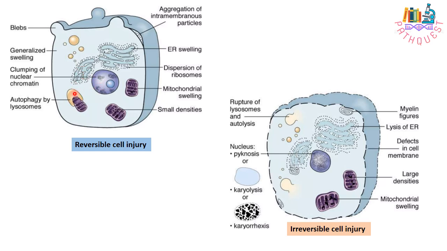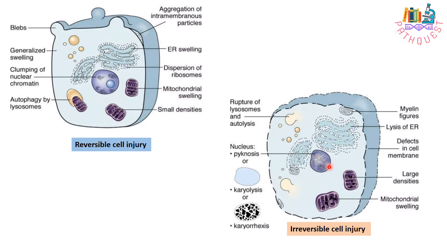Then there is autophagy by the lysosomes, clumping of nuclear chromatin, endoplasmic reticulum swelling, dispersion of ribosomes, mitochondrial swelling, and small densities in the mitochondria. So these are the changes that are seen in reversible cell injury. In irreversible cell injury, there is rupture of the lysosomes and autolysis by the lysosomal enzymes.